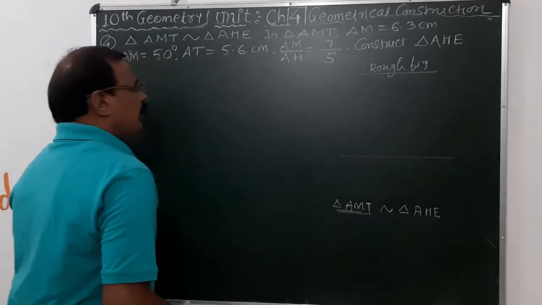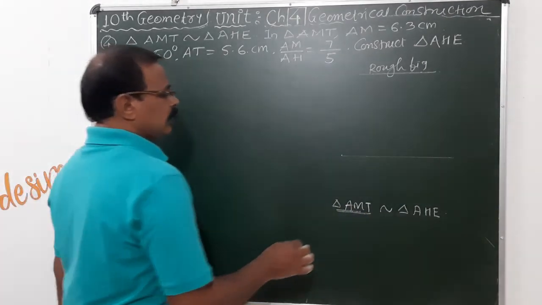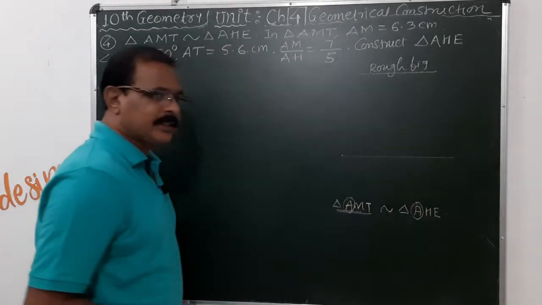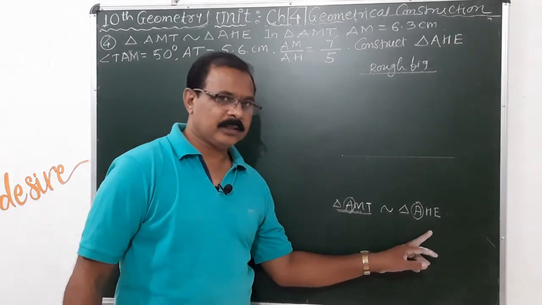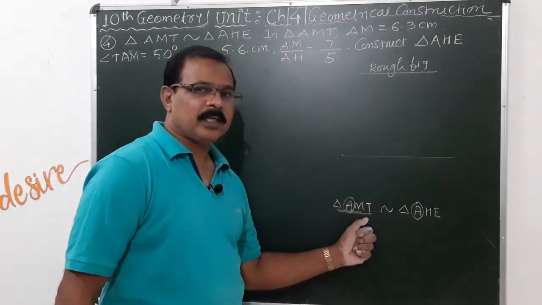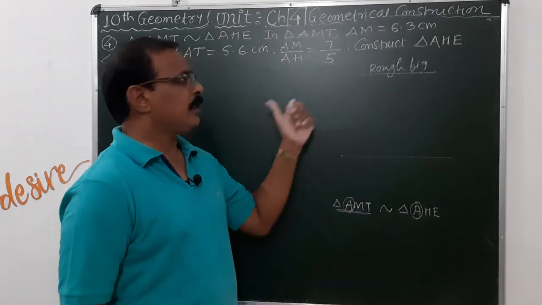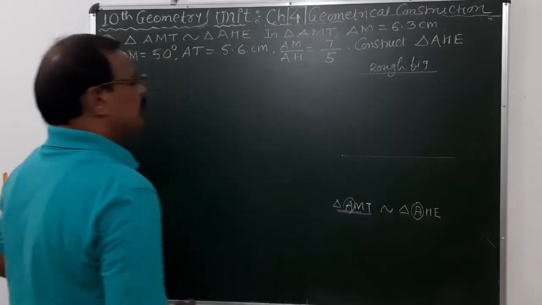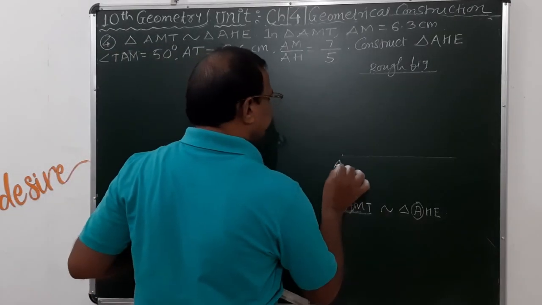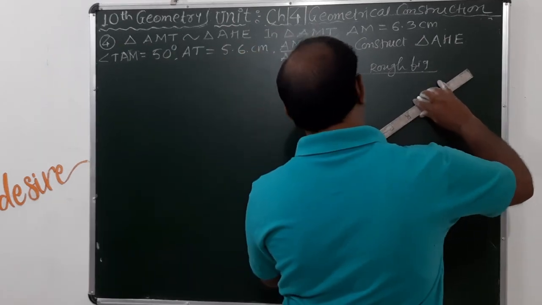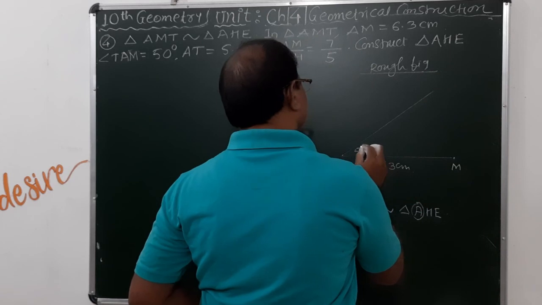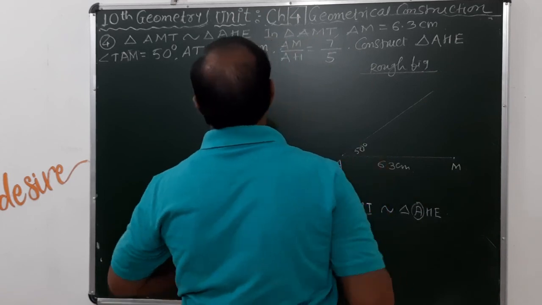Now if you look, the vertex A is common. If any of the vertices is common, then we can draw the required similar triangle as we did in problem number 2. Start from the common vertex A. We can draw an angle, suppose an angle of 50 degree.